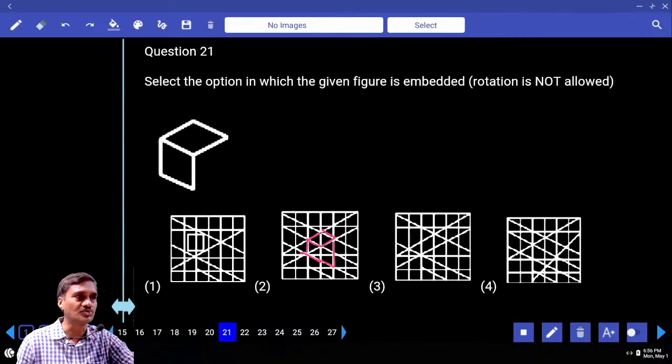Is it coming? Choice 2. Then where else can you find it? Here we should get a square. To get a square we need to find it here. Right? And again coming back to this one. Done? So choice 2, question number 21.